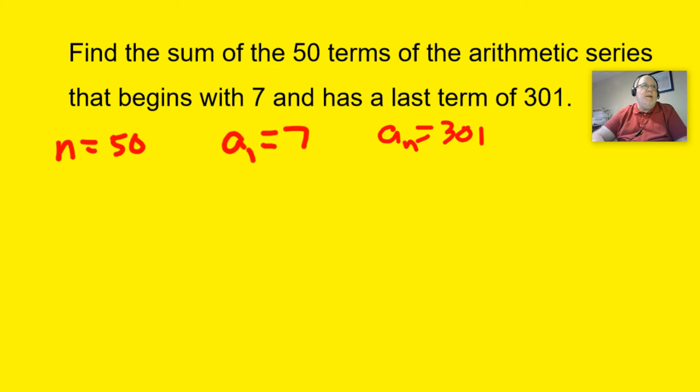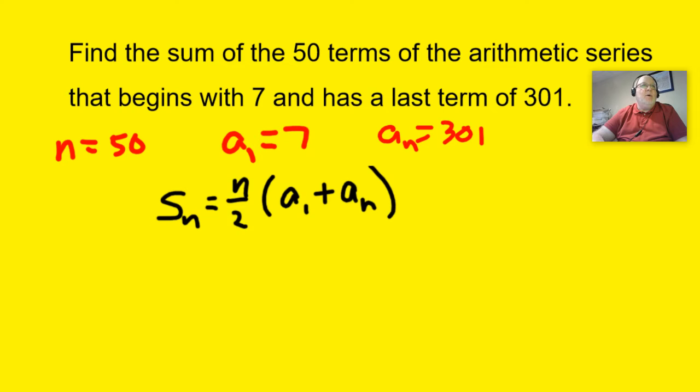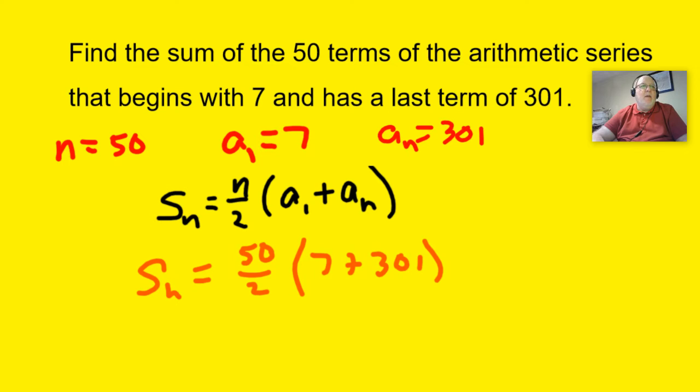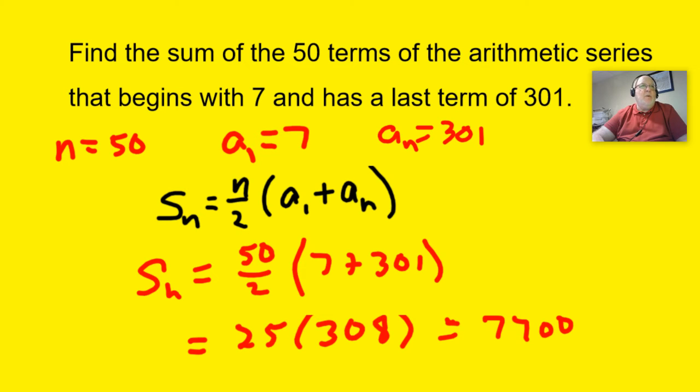We're told it's arithmetic, and so S sub n equals n over 2 times a sub 1 plus a sub n would be our formula. Plug in our values and do our arithmetic. Pretty straightforward. So there are 50 terms from 7 to 301, and their total, when we add them, is 7,700.